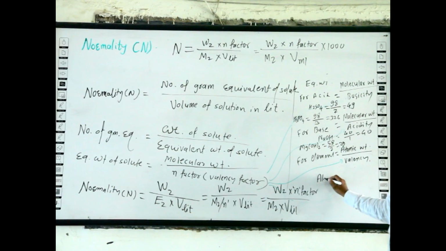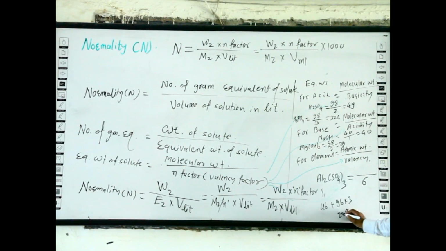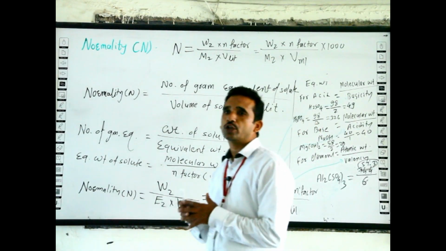For Al2(SO4)3, the valency factor is 6, and Al2 is 46 plus 96 into 3, 288, plus 46, 342, divided by 6, and here 57 will be the equivalent weight of Al2(SO4)3.